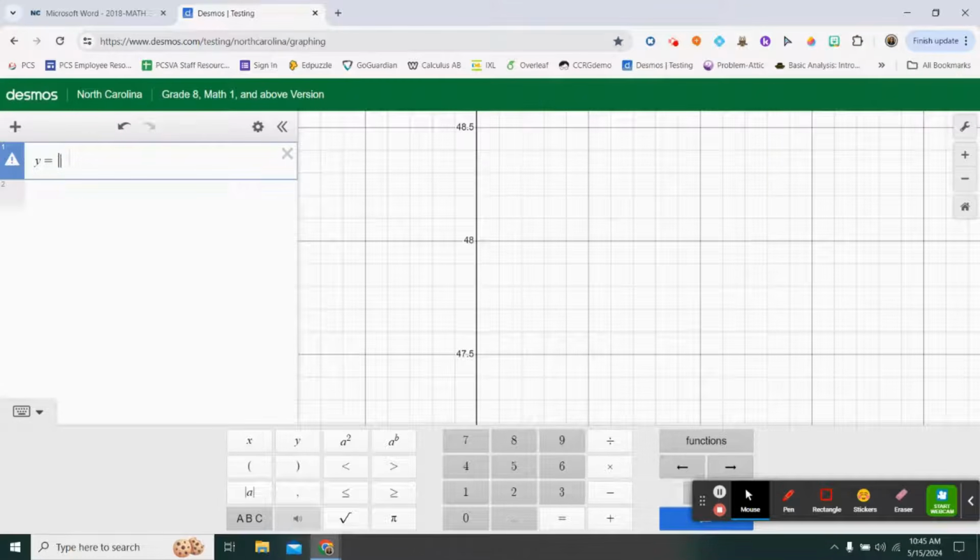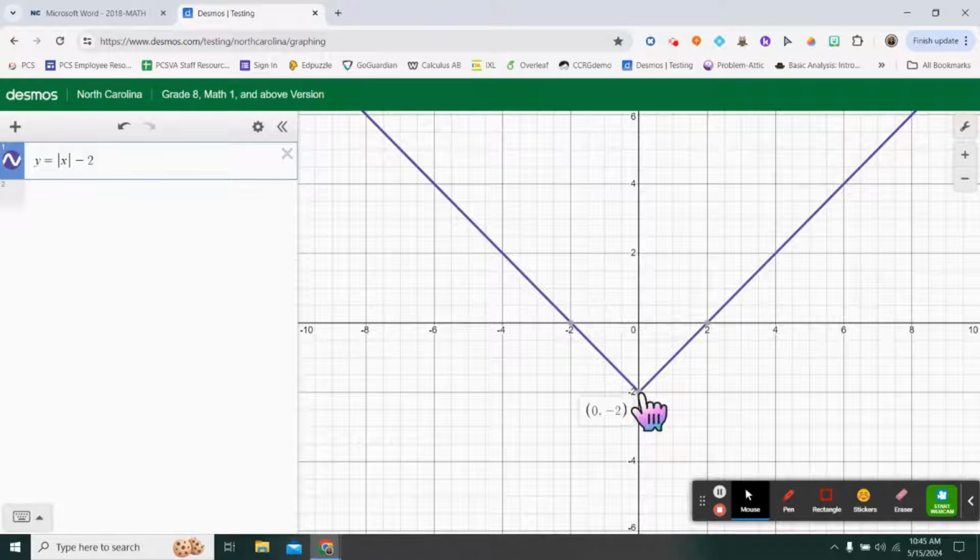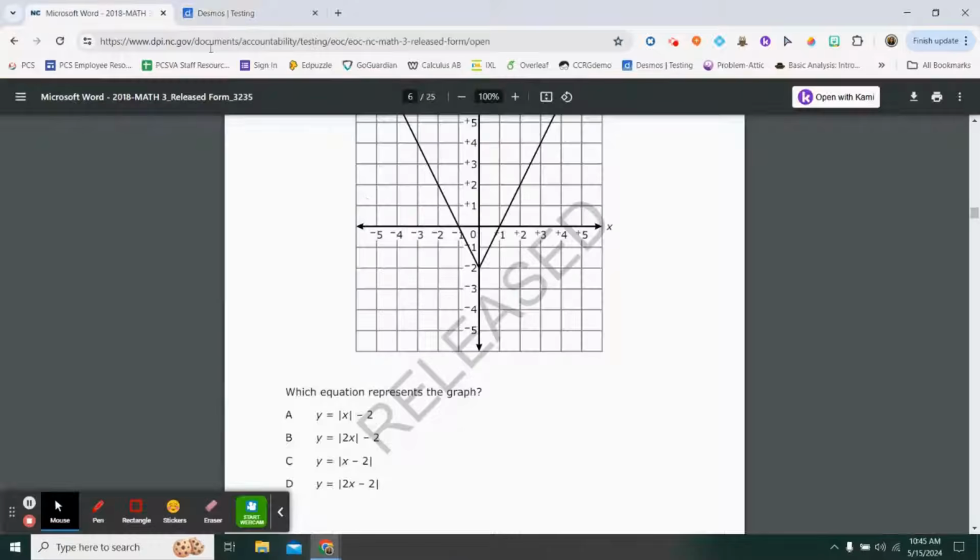I believe that answer choice was x on the inside, minus 2 on the outside. So I'm going to look for some features. I've zoomed out too much, so I need to hit the home button. This one's at 0, -2, and then it crosses at -2 and 2. Let's see if that matches up. No, this one is supposed to cross at -1 and +1, so that wouldn't work out.